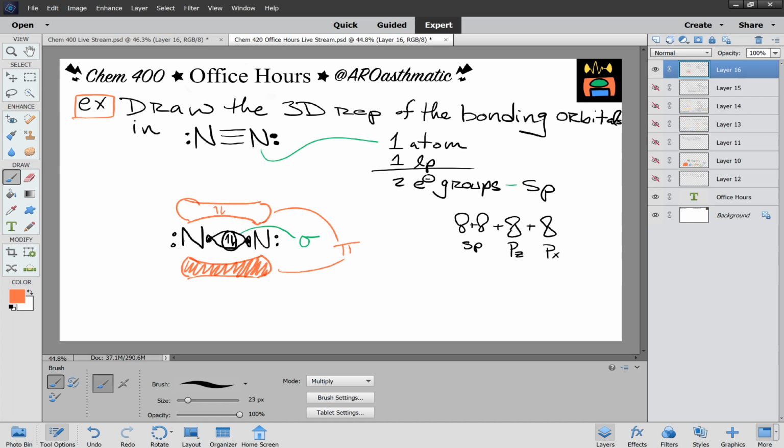Yes, there are. There are 2 sigma bonds in 1 molecule of water.